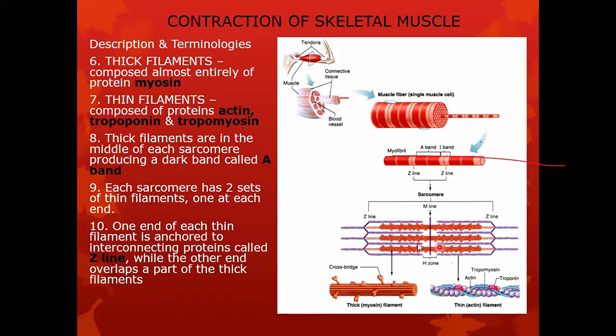And that portion where the thin filaments end in the middle of the sarcomere will form your H zone. But at the center of the H zone is your M line.